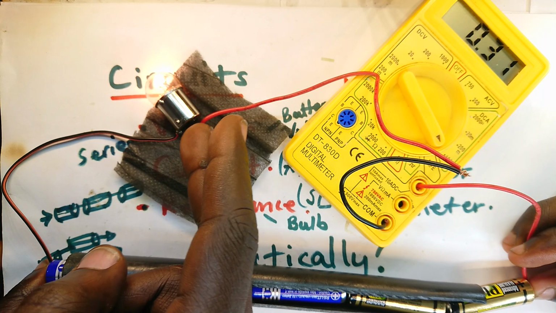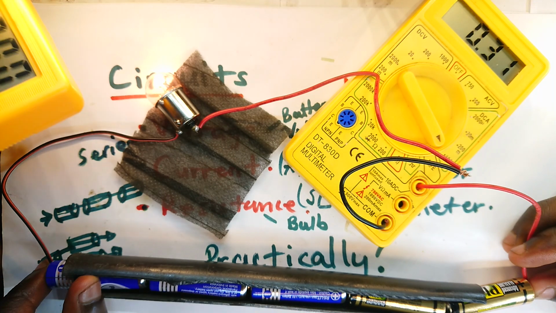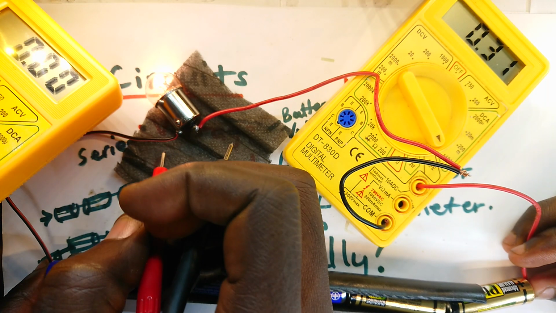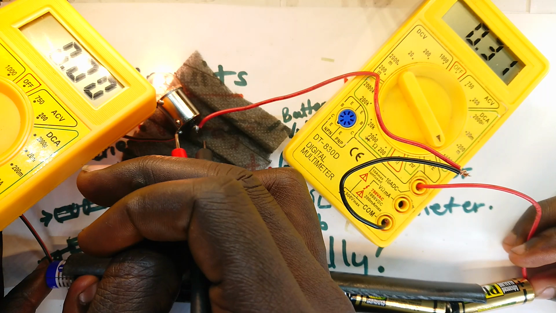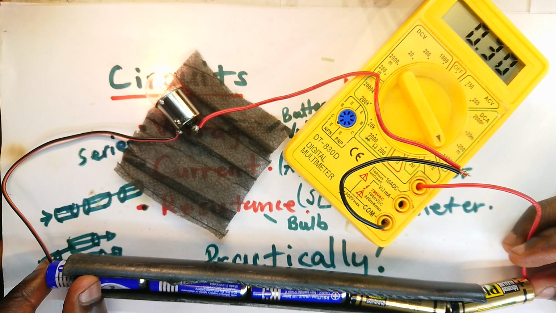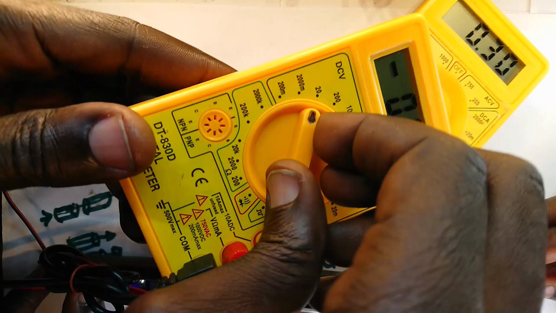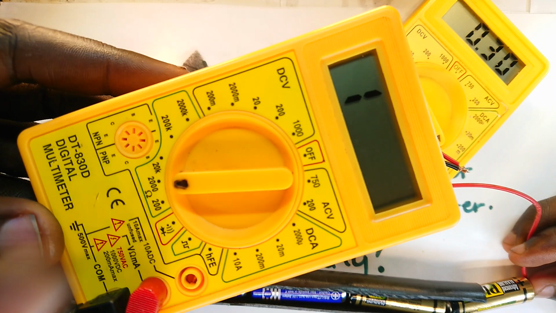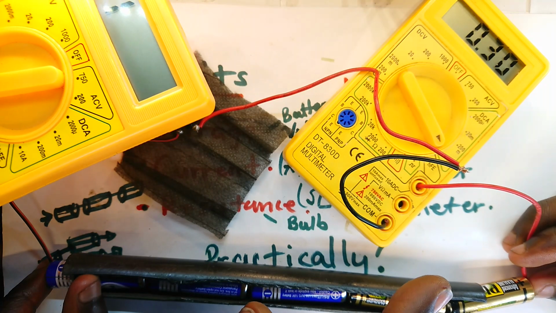You just tap at the terminals like we had said earlier on. Just bring the probes and measure, and it will give you a voltage value. Then also we showed you how to measure resistance. You use the ohmmeter. But resistance, you measure when there's no power flowing.